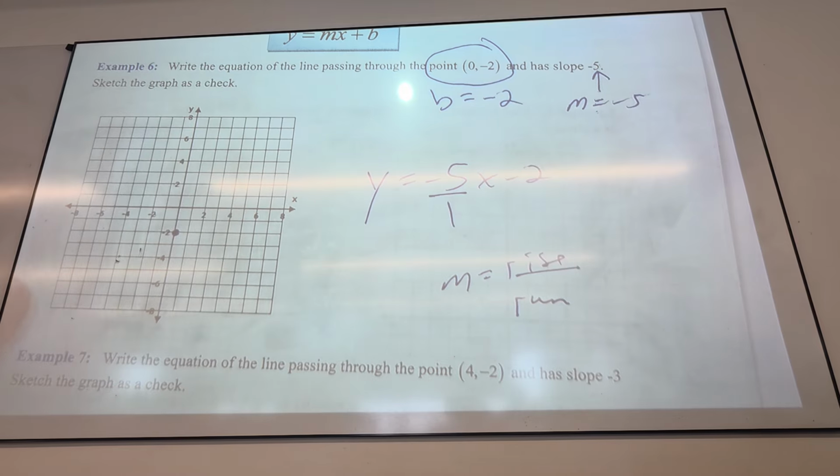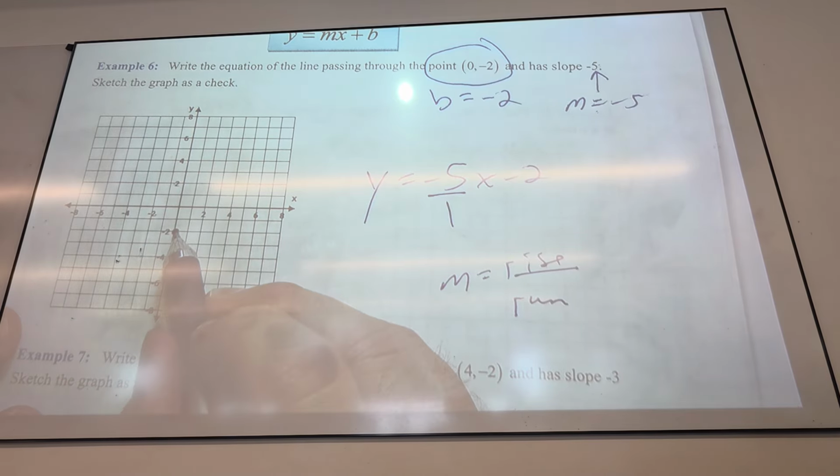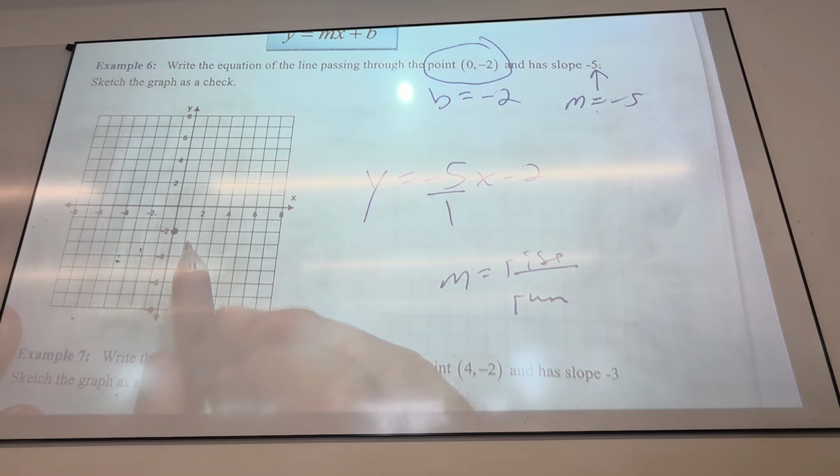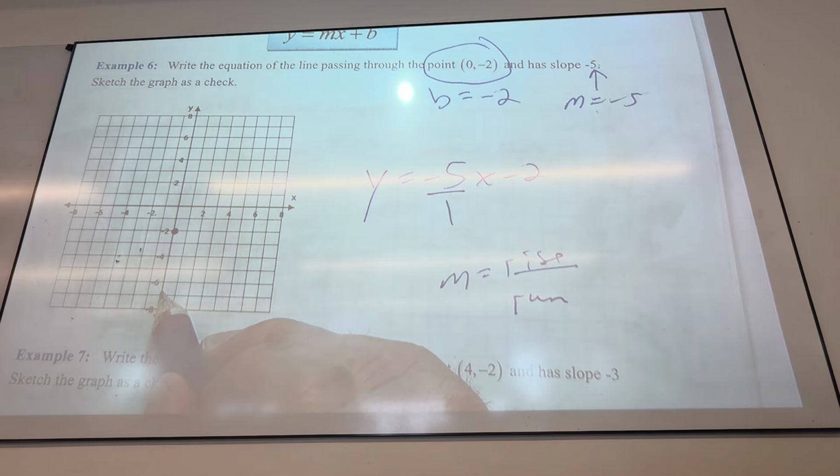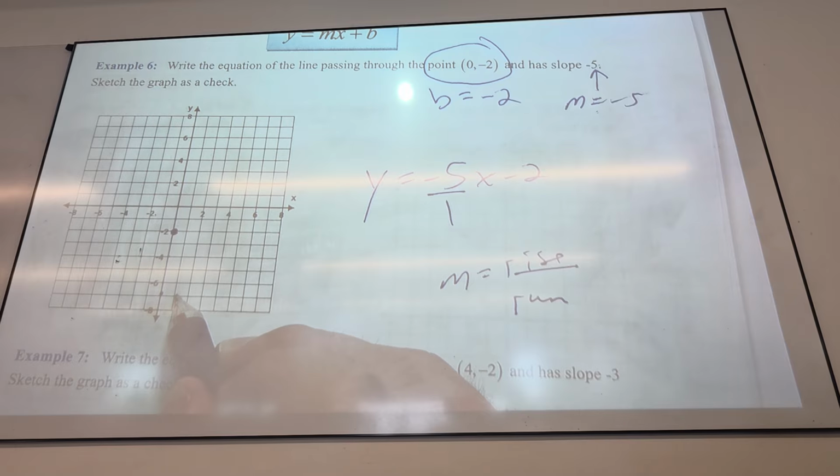If the rise is -5, what does that actually mean? Going down, right? So I would start here. The slope tells me from there, go down 5: 1, 2, 3, 4, 5. And then run 1. Positive 1, yes?